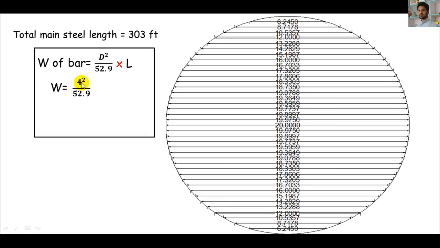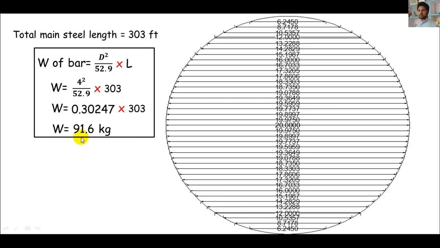Because in the example we were told to take number 4 bar, and in this formula the diameter must be in eighths of an inch. So the bar is number 4, which means the diameter is 4 eighths, or 4 by 8 inches. Multiply by 303, which is the length of all these. Calculating this side, you must get 0.30247, times the length, and bam, the weight is over here.